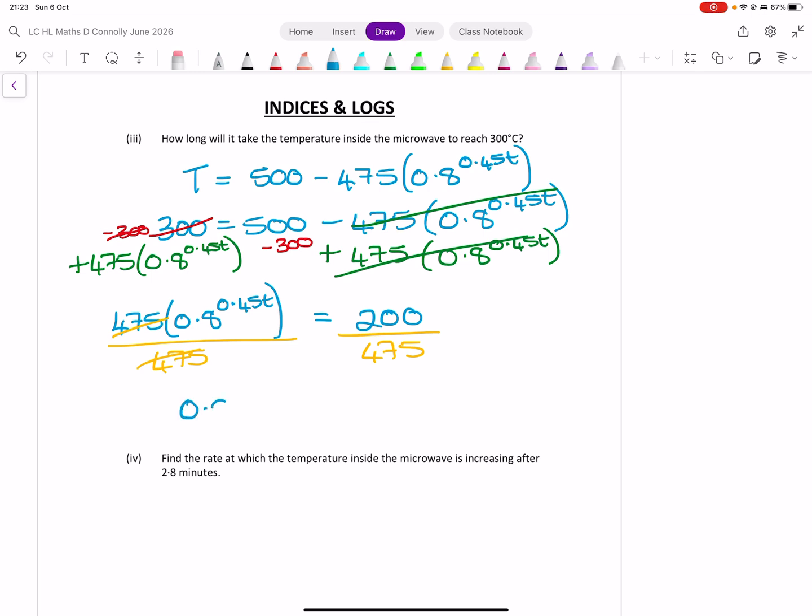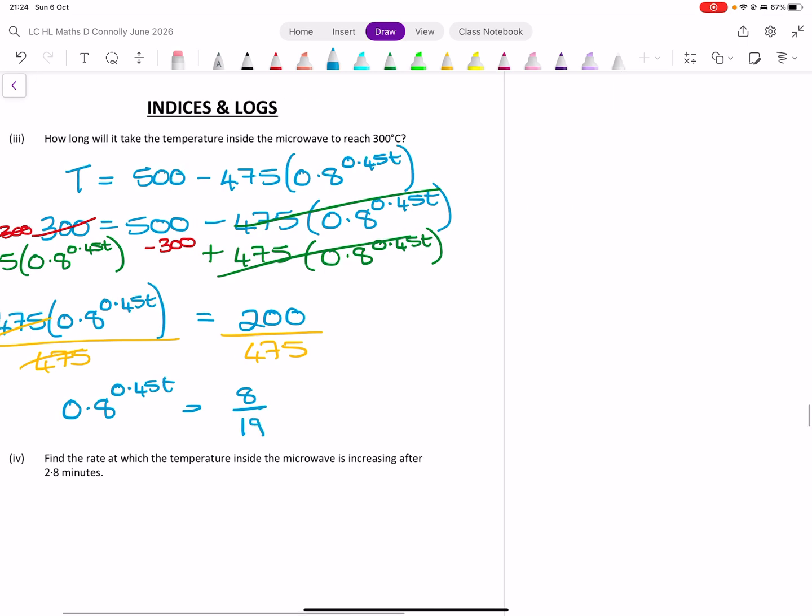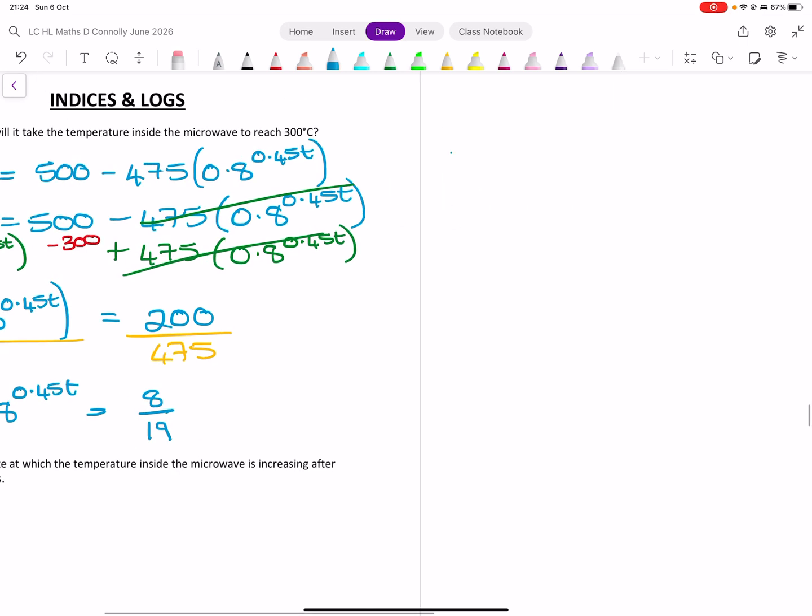So I get 0.8 to the 0.45 T equals, oh God, again, messy decimals, so we'll leave it as a fraction. Variables in the power yet again, so we'll switch to log. So it's log to the base 0.8 of 8 over 19 equals 0.45 T, which is the power.